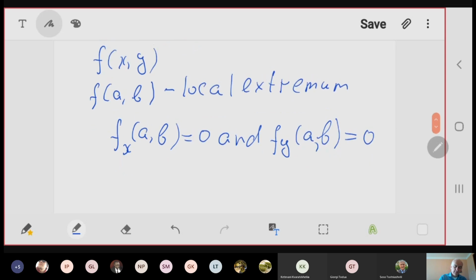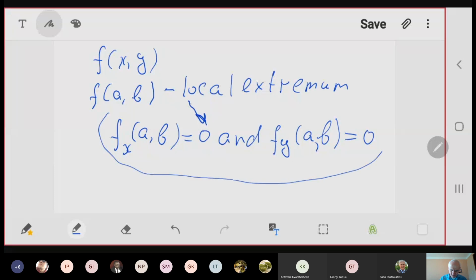So in fact it's an implication, a one-sided implication, not a bi-implication. So if f(a,b) is a local extremum, it implies that both partial derivatives equal 0, but not the reverse.